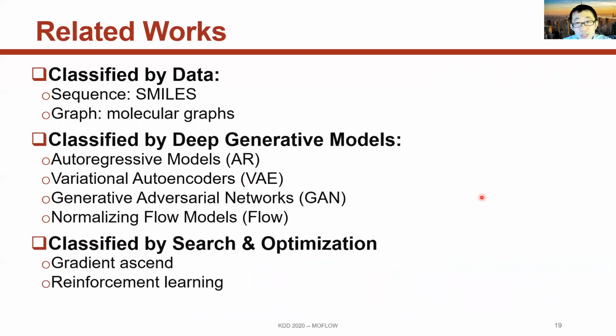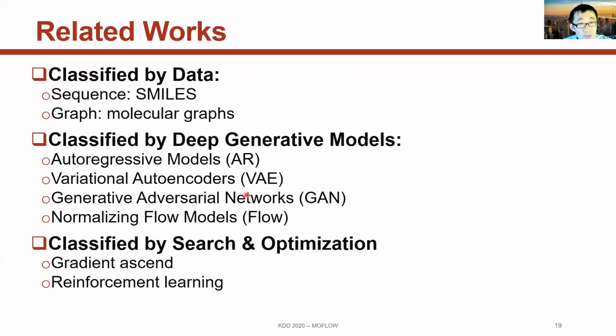We summarize related works by their data, for example, sequence representations and graph representations, and their generative frameworks, including autoregressive model, variational autoencoder model, generative adversarial networks, and normalizing flow models, and their optimization method. For example, VAE models and flow models tend to use gradient ascent searching the latent space.